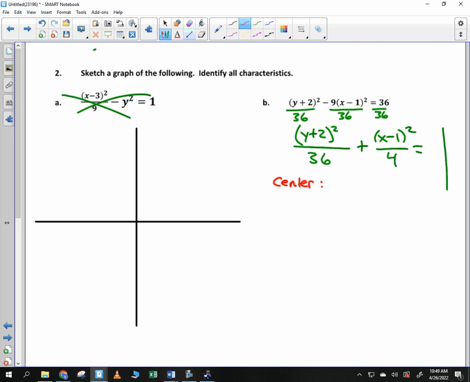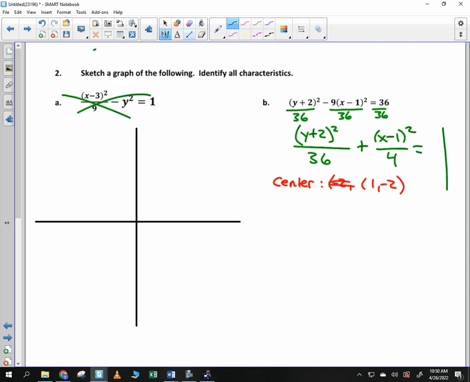I'm going to need the center. Good. The 1 goes with the x. The -2 goes with the y. Good job. All right.